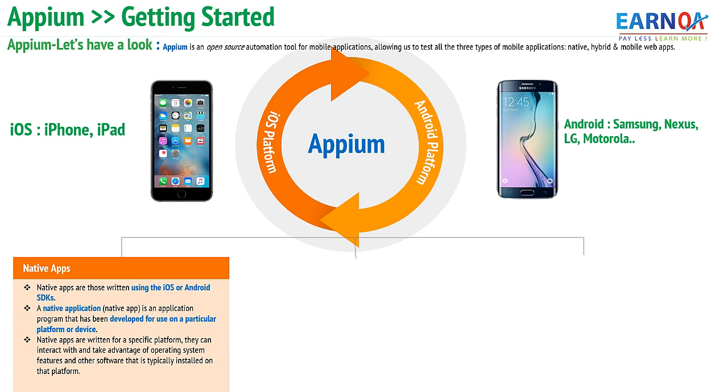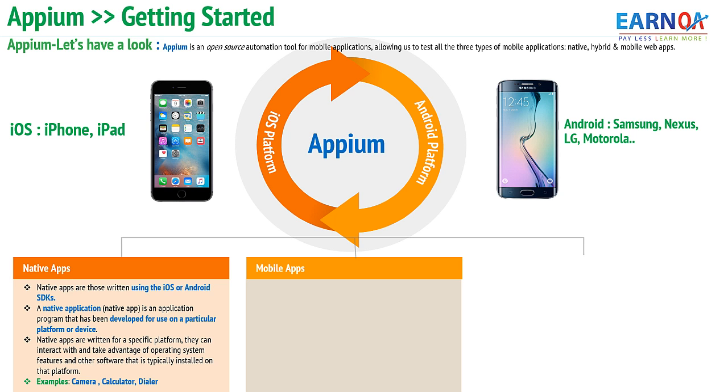Native applications are written for a specific platform like Android or iOS, and they can interact only with that particular operating system and its features. Examples: camera, calculator, dialer pad. These are all specific to that Android or iOS. The Android camera may not work in iOS.